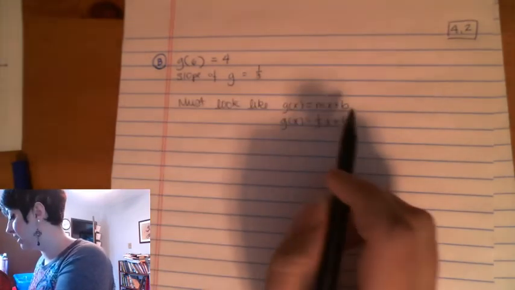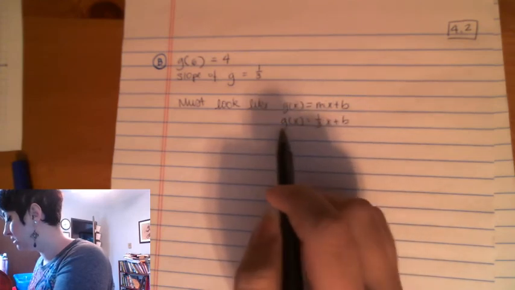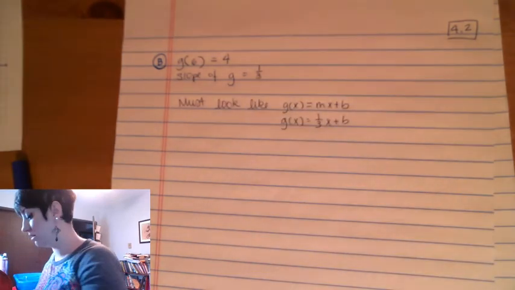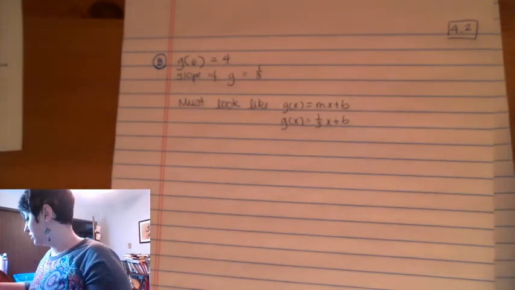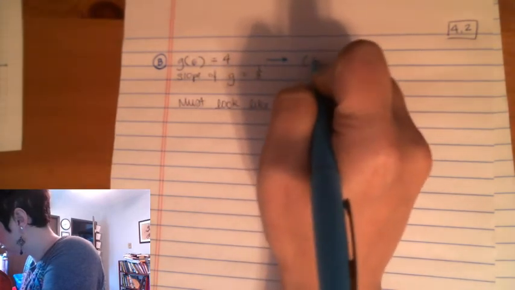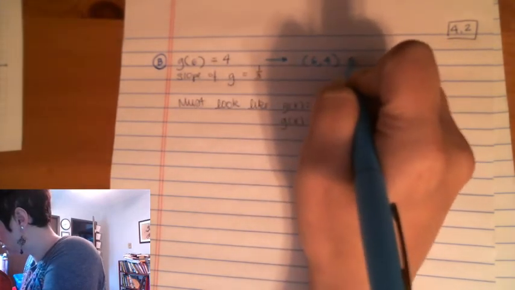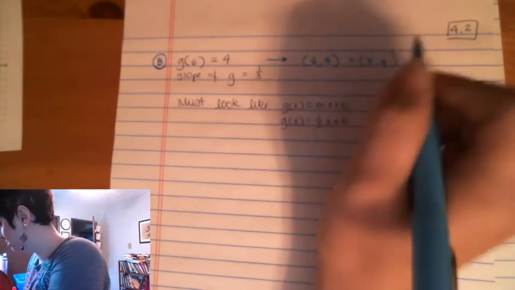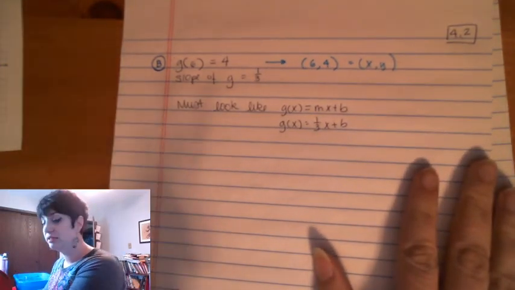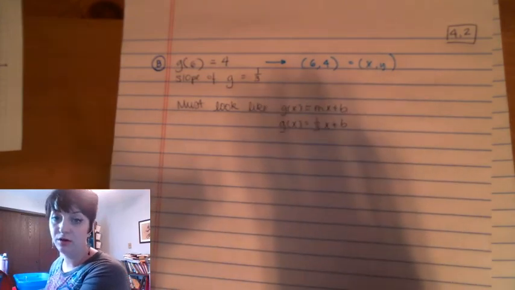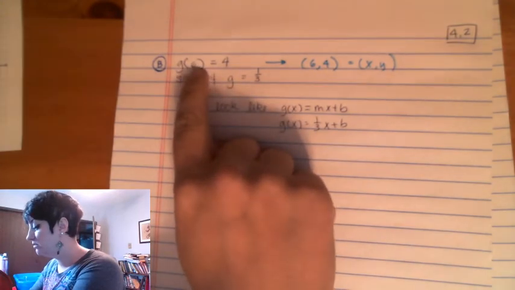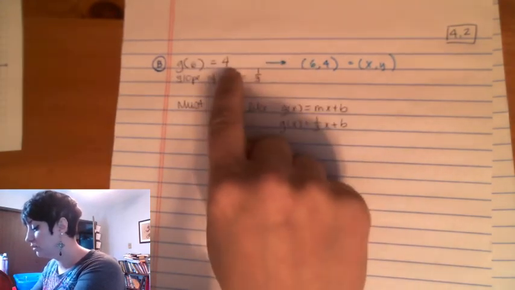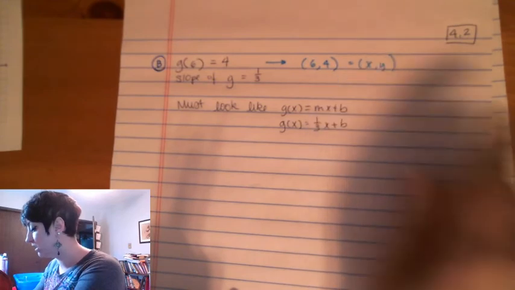And if x equals 6, then g equals 4. Now, maybe one way you want to write this instead, maybe this helps, instead of thinking of x and g of x, think of it as just x and y's. The input is 6, the output is 4. So that's my xy.